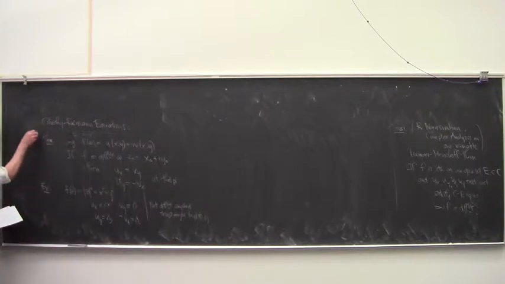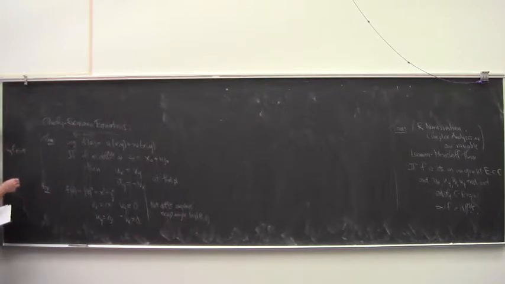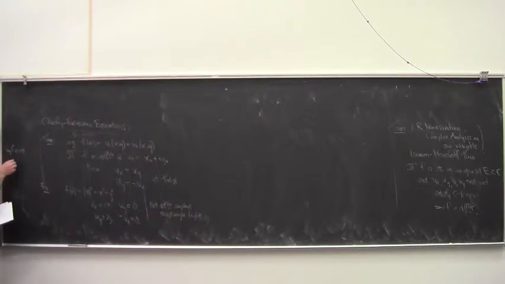So putting them together, it would be saying, say f is continuous. Then you have f is differentiable if and only if the Cauchy-Riemann equations are satisfied. Okay, so that's what this says.